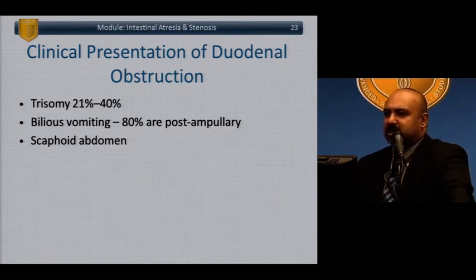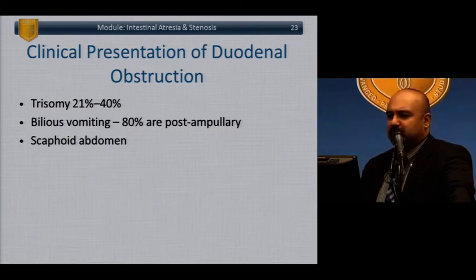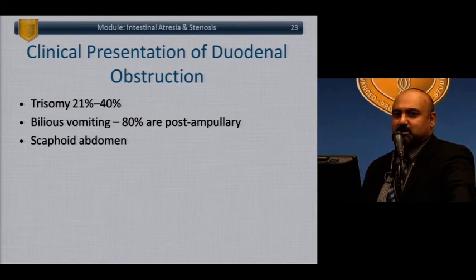The abdomen is scaphoid, and this is another thing in pediatric surgery. When you look at obstructions in pediatric surgery, anything before the ligament of Treitz, so duodenal atresias, malrotations, these type of problems, you're not going to have a lot of distension. You'll have a lot of bilious emesis, but you will not have distension. They'll all have scaphoid abdomens.